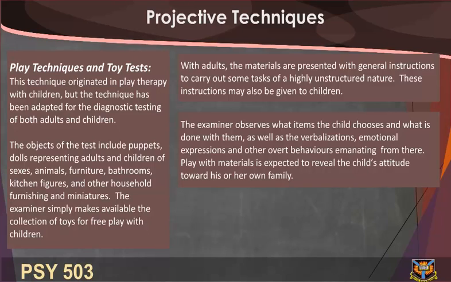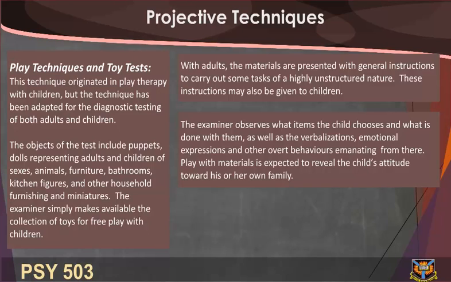The examiner simply makes available the collection of toys for free play with children. With adults, the materials are presented with general instructions to carry out some tasks of a highly unstructured nature. These instructions may also be given to children.